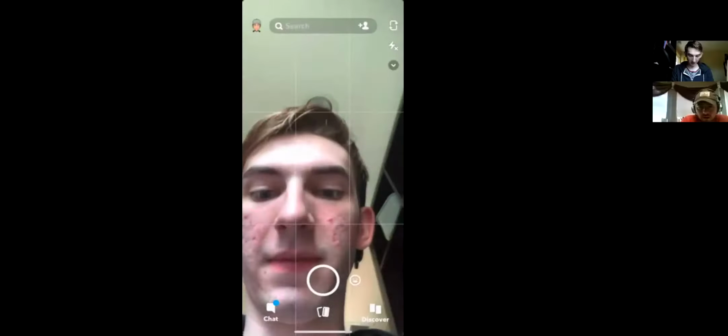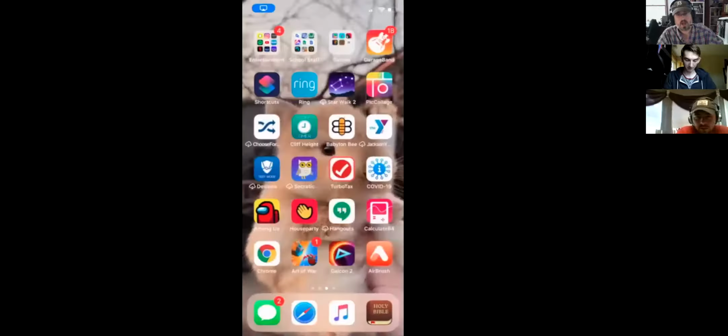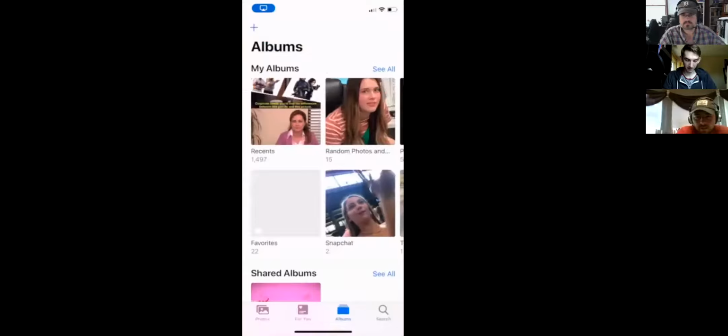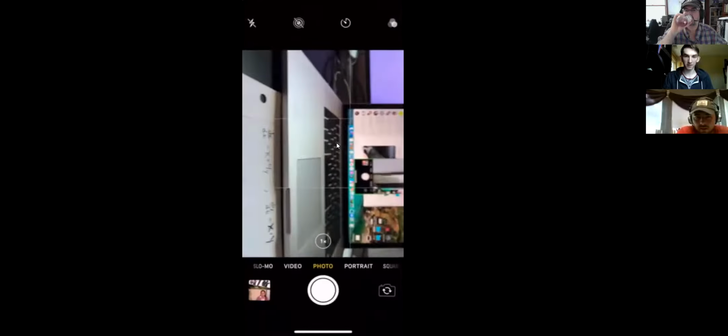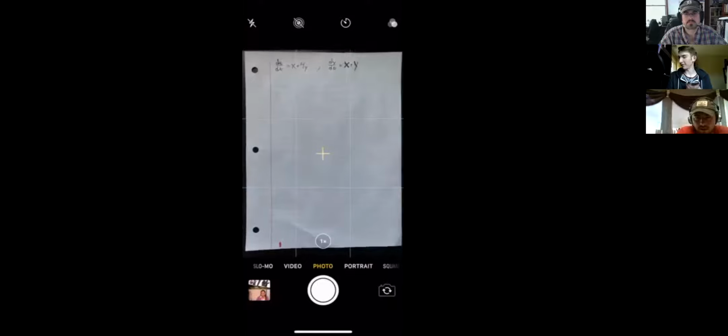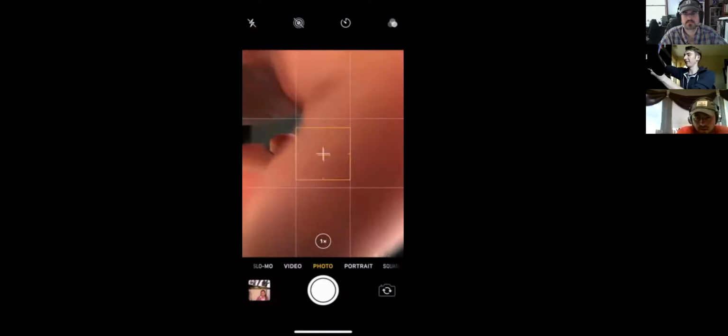Let me see, oh, there's my face. There's Snapchat. So it's a little bit delayed. I want to turn it sideways. Dang it. That doesn't work. That's kind of cool. Is it because it's an iPhone? Yeah, it's an iPhone and a Mac. I was wondering if I can balance it here.